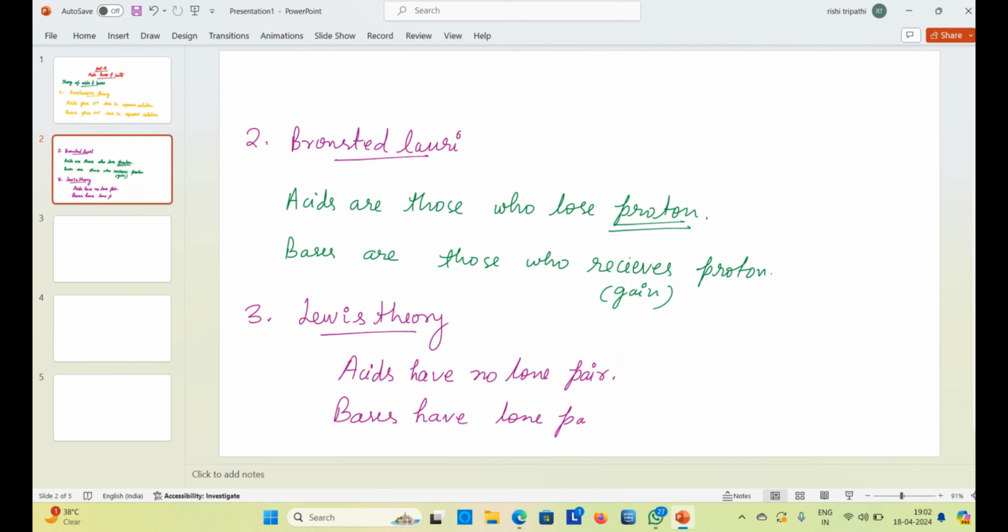If the element is not completely bonded, if one pair of electrons is left, that will be a lone pair. So if lone pair is present, that will be the base. If all the valence electrons are bonded, there will be no lone pair, and that will be called acids. And if there is a lone pair, that will be the base, according to the Lewis theory.